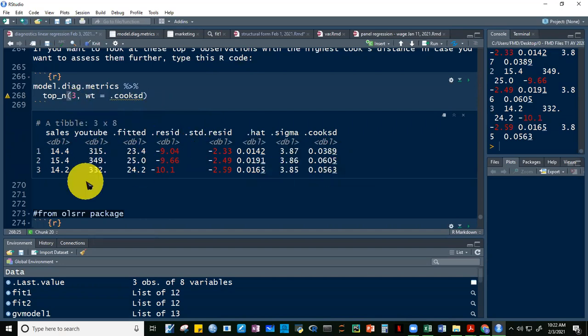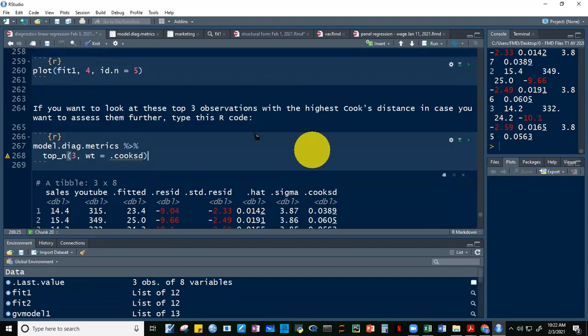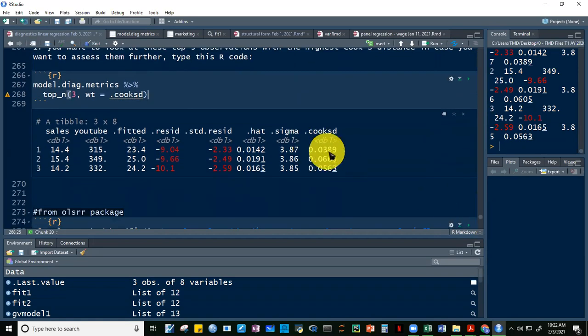Top 3 na Cook's distance. Okay. So, ito yung top 3. Hindi niya nilagay yung case number. Okay. So, anyway, anong ginawa natin sa code na to? We look at the top 3 observations with the highest Cook's distance. Okay, so, ito yung mga Cook's distance nila.